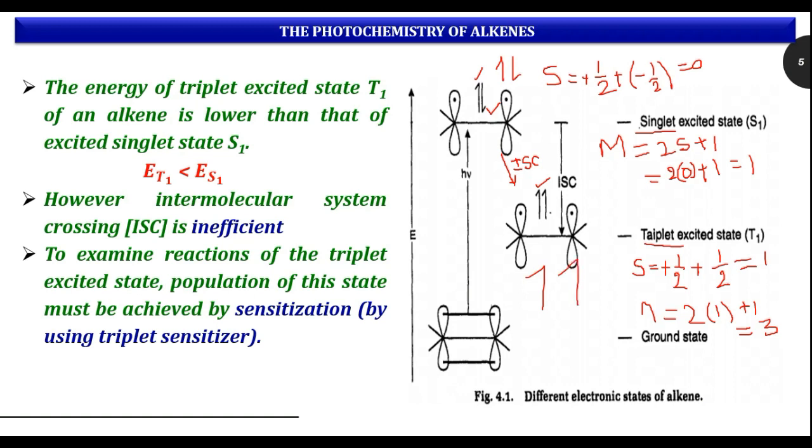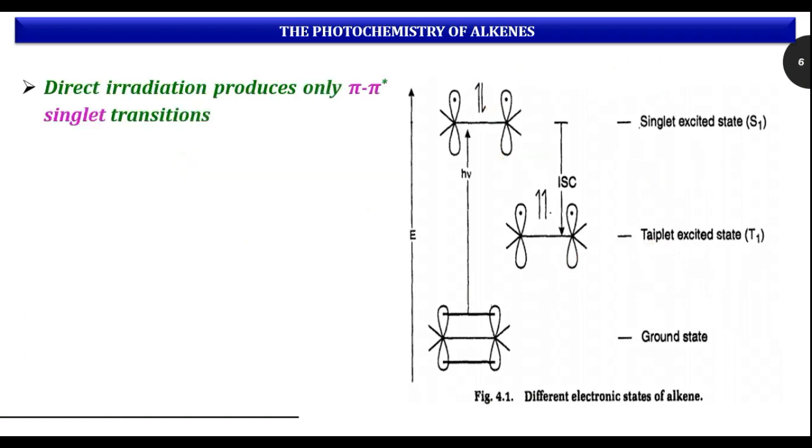Okay. So friends, right here when you do the direct irradiation, this is going to produce pi to pi star singlet transitions. So direct irradiation is going to produce pi to pi star singlet excited state.